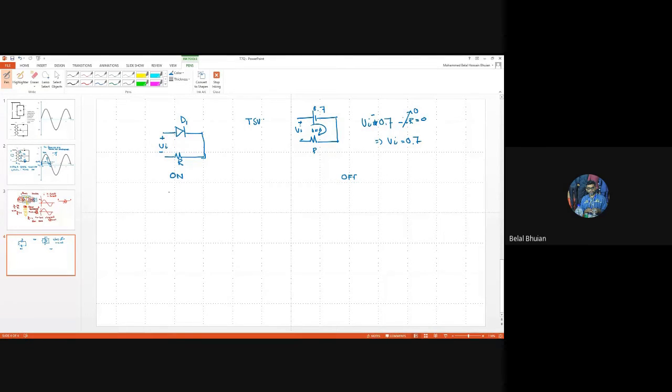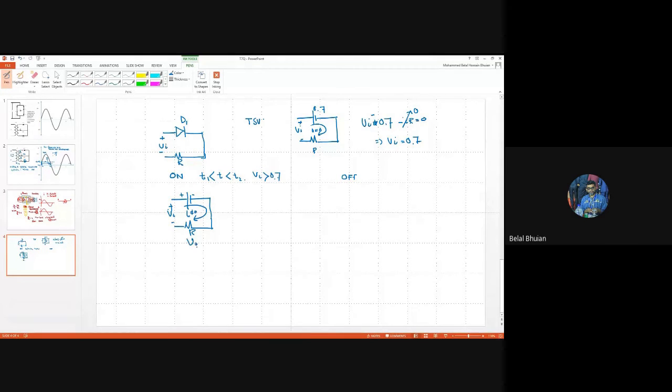When the diode is on, and we know the diode is on between this interval when Vi is greater than 0.7, we can replace the diode with 0.7. And current is non-zero. And this is the voltage drop VR.